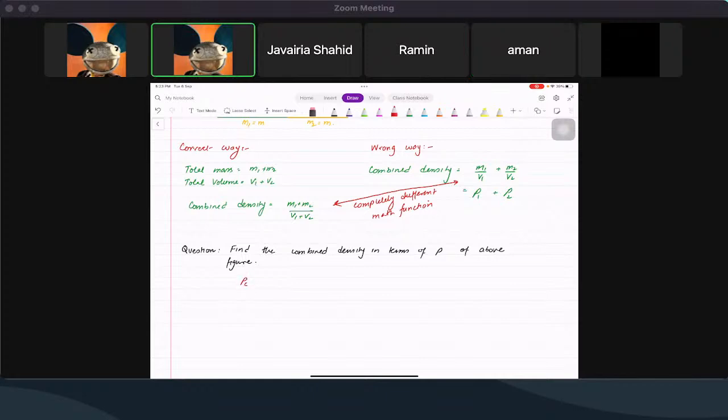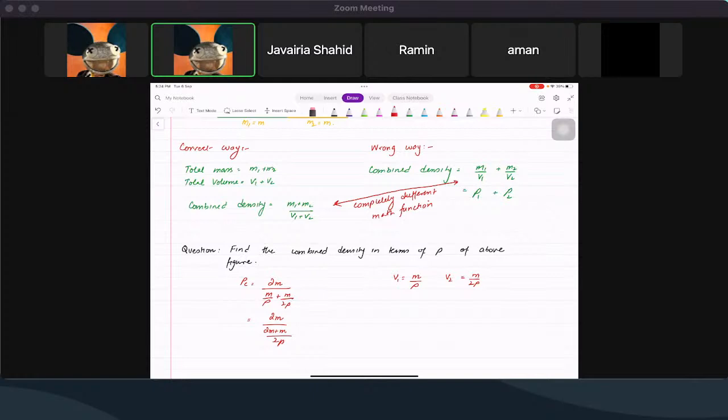So density would be total mass over the volume. Basically, volume of one will be mass over density. Volume 2 will be mass over density. So I believe you guys have done m over rho plus m over 2 rho, and then if you take the LCM, it will be 2m plus m divided by 2 rho.